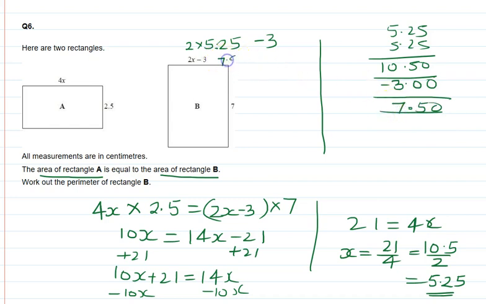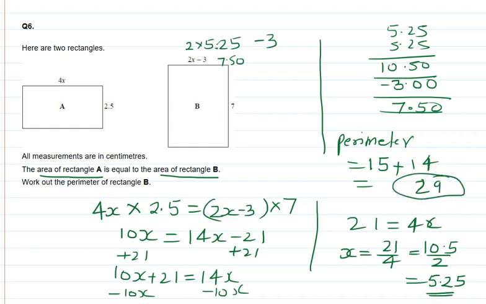So this side is 7.50 and this is 7. So the perimeter will be double of 7.50, that is 15, and double of 7 is 14, and if you add, it will be 29. So the perimeter will be 29. So that's your answer.